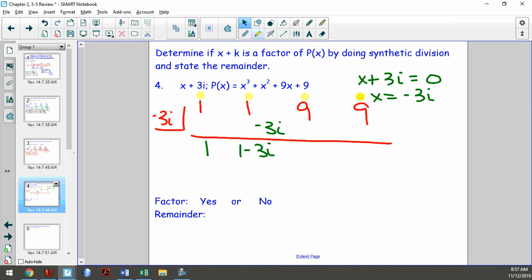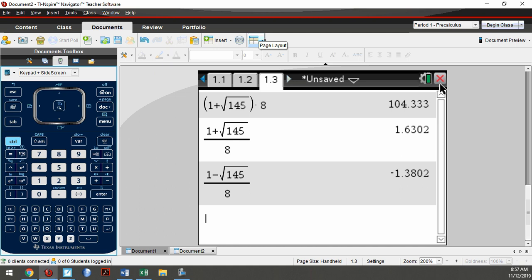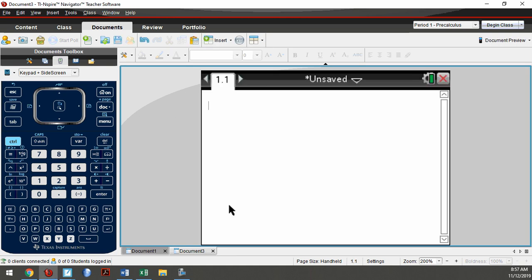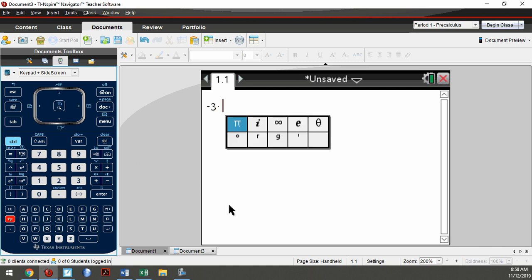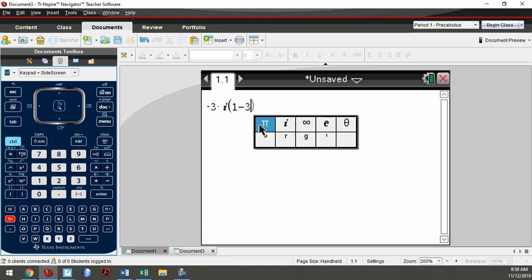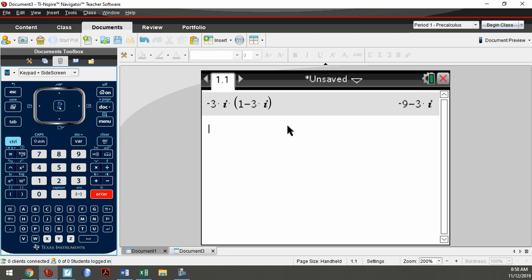Now, I want you to utilize a calculator when you do this. So I'm going to go ahead and get a new calculator page. I want you to type in negative 3 times i, which is in the pi, parenthesis, 1 minus 3i, and hit enter.